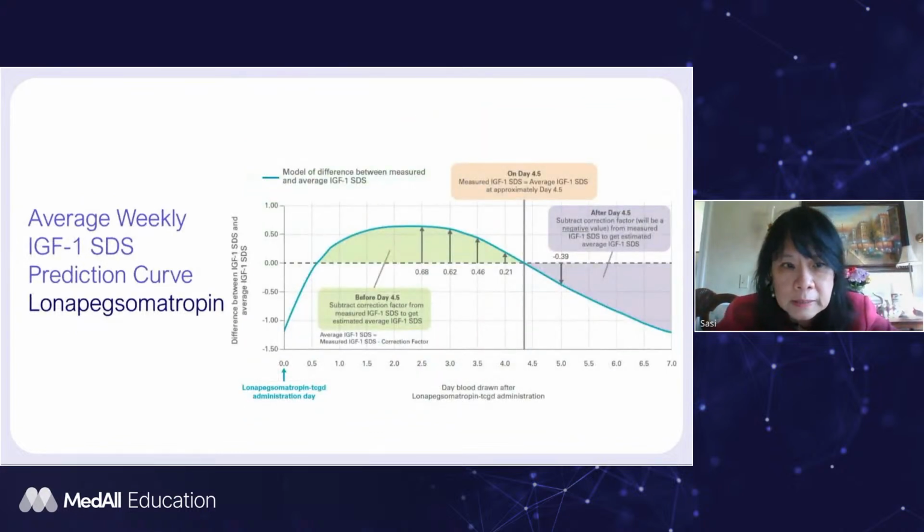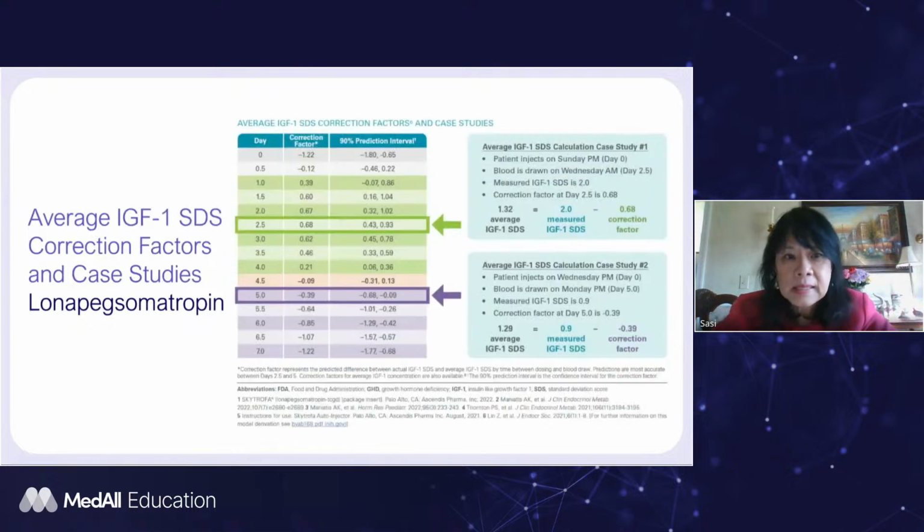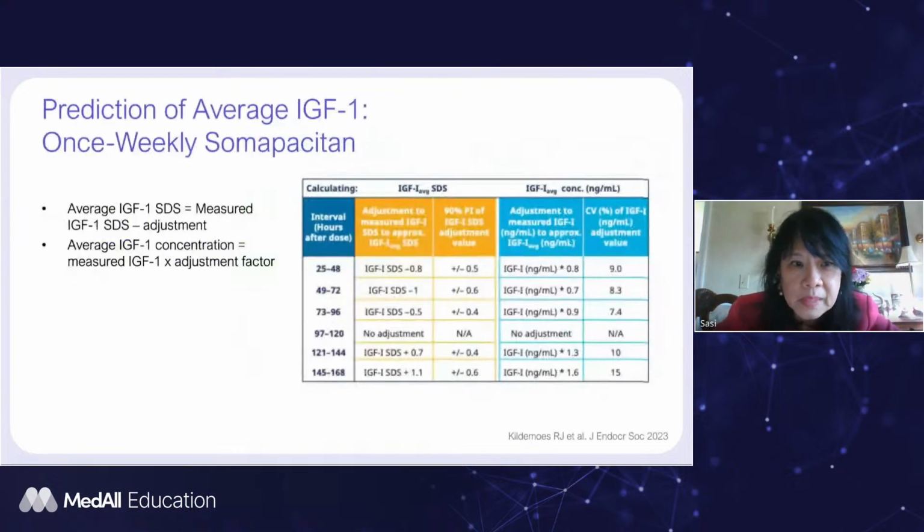So this helps to make sure that you interpret IGF-1 lab results correctly. And you can also do calculation for standard deviation as well. And for somapacitan, this one also has a different correction factor that you can use for adjustment, and it's only presented as SDS, standard deviation number. So you subtract the factor to get the IGF-1 SDS.